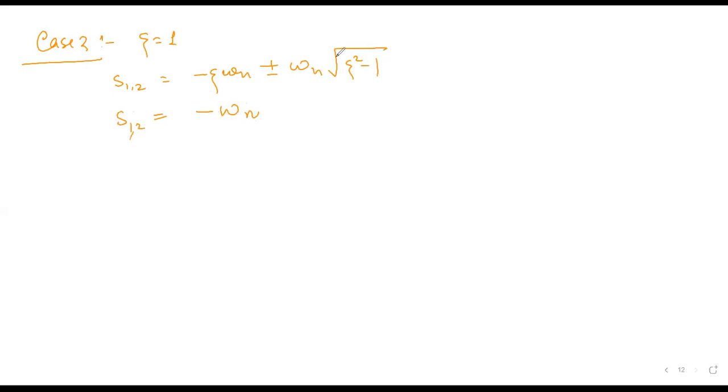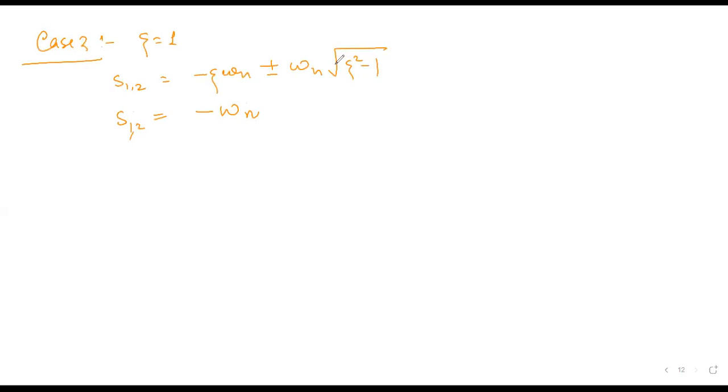Now case 2, when your zeta is equal to 1. Put the values here: minus zeta omega n plus minus omega n under root zeta square minus 1. When you put the value here, 1 minus 1 is 0.